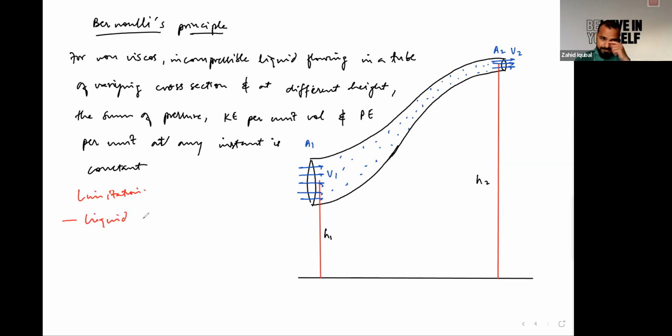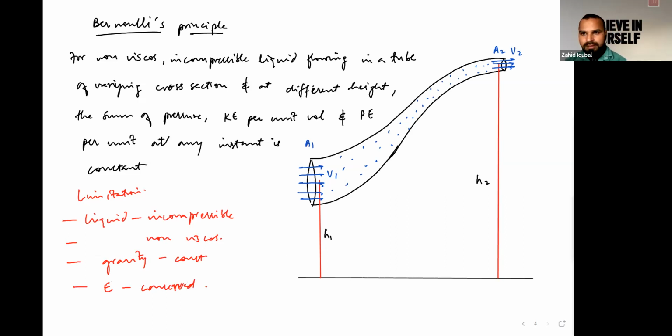Liquid is incompressible, non-viscous, gravity is constant, and energy is conserved. Saifullah, is it clear? Yes, sir.